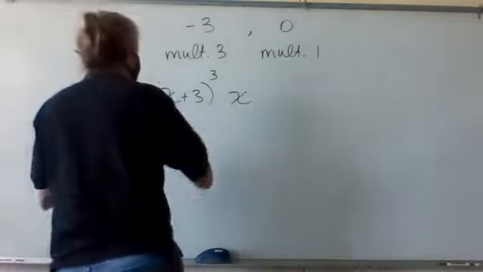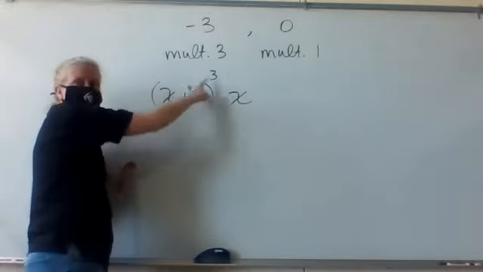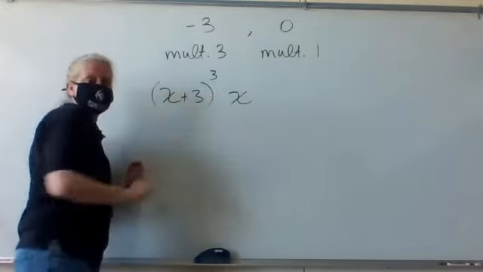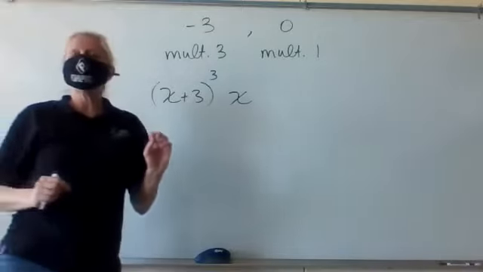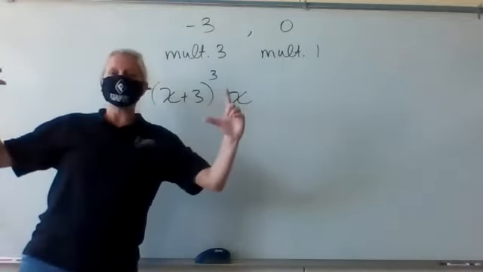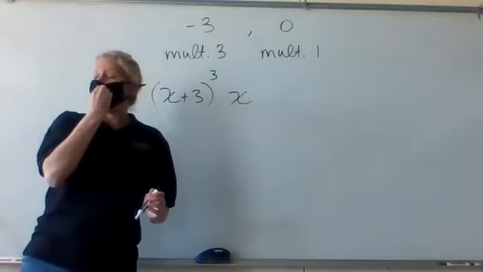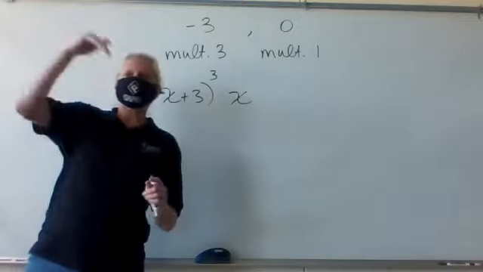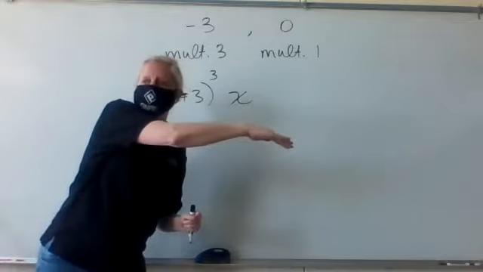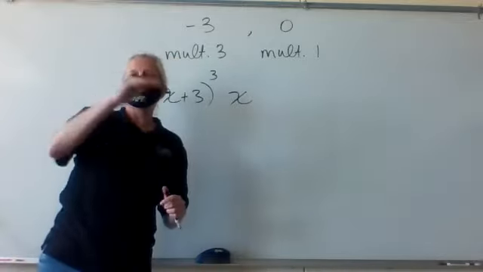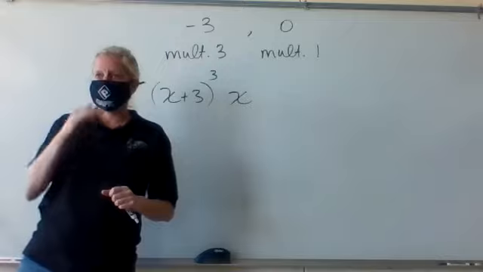Now here's what I'm going to do. I'm going to do this first, because once I multiply x plus 3, x plus 3, x plus 3, all I'm going to have to do is distribute an x to that answer, which just means everybody's going to add an x to their term.